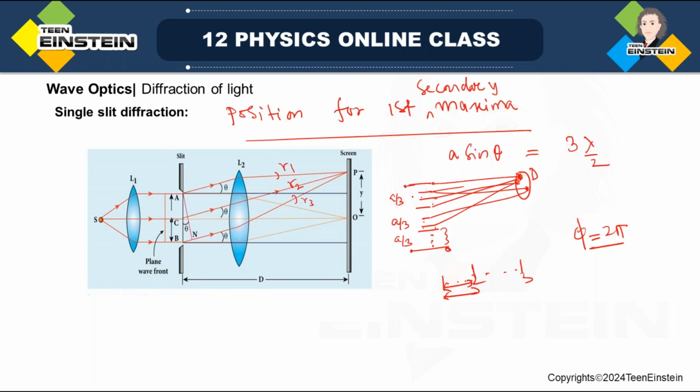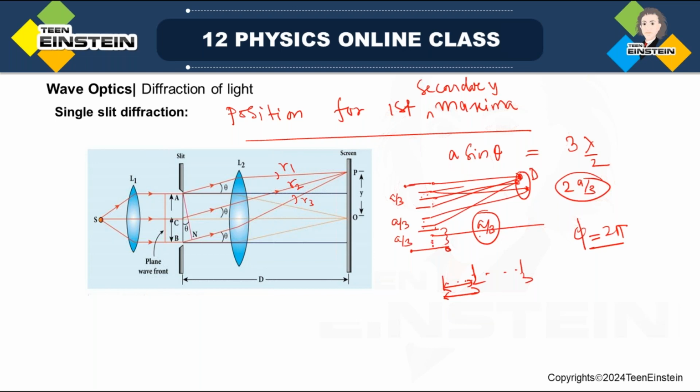So for 2a/3 of this position, any point you take within this, there will be a corresponding point to destructively interfere. But this remaining a/3 portion will not have any conjugate wavelets to interfere destructively.